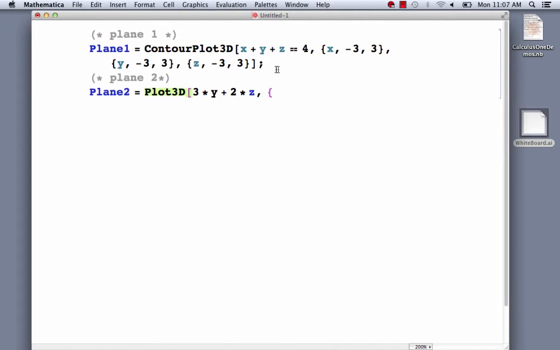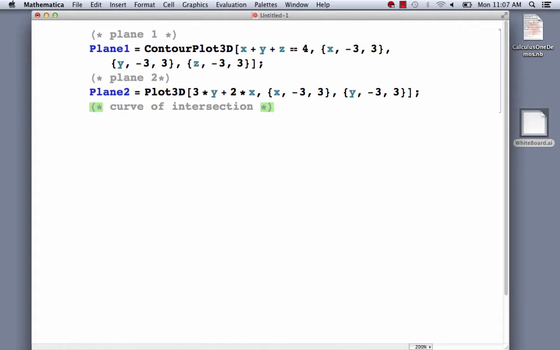Sorry about that. And let's say that x goes from -3 to 3, and y goes from -3 to 3. There's our second plot.